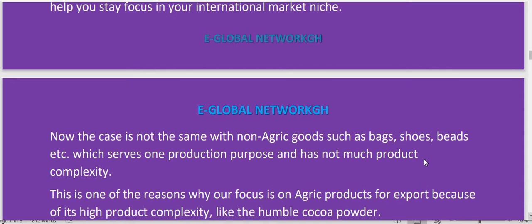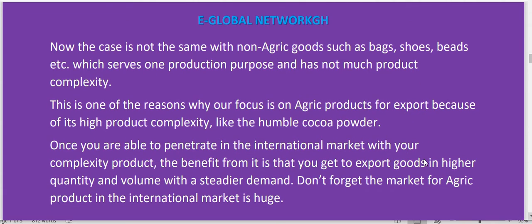Now, the case is not the same with non-agric goods such as bags, shoes, beads, etc., which serve one purpose and do not have much product complexity. Even if there is some kind of complexity in such products, there are not many similarities.